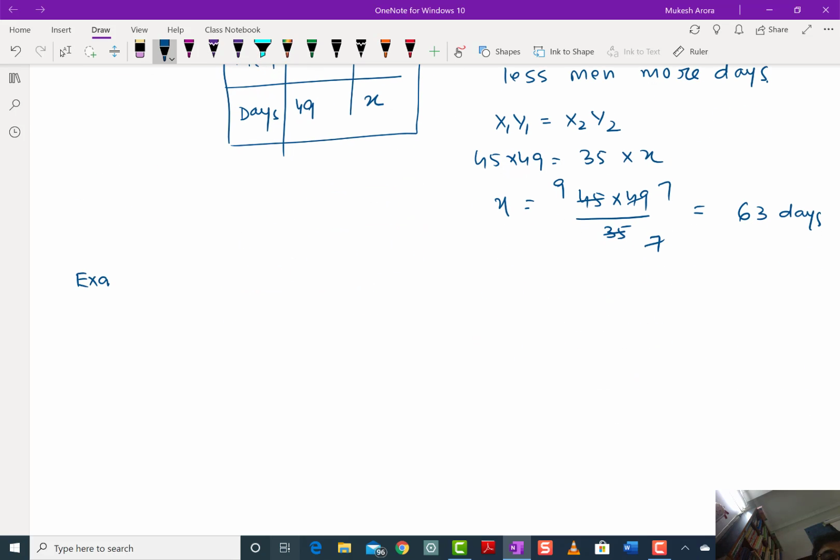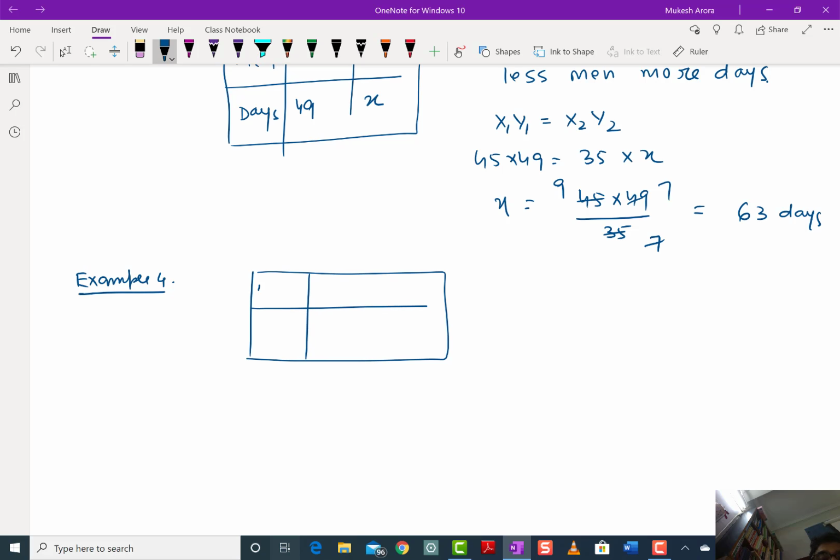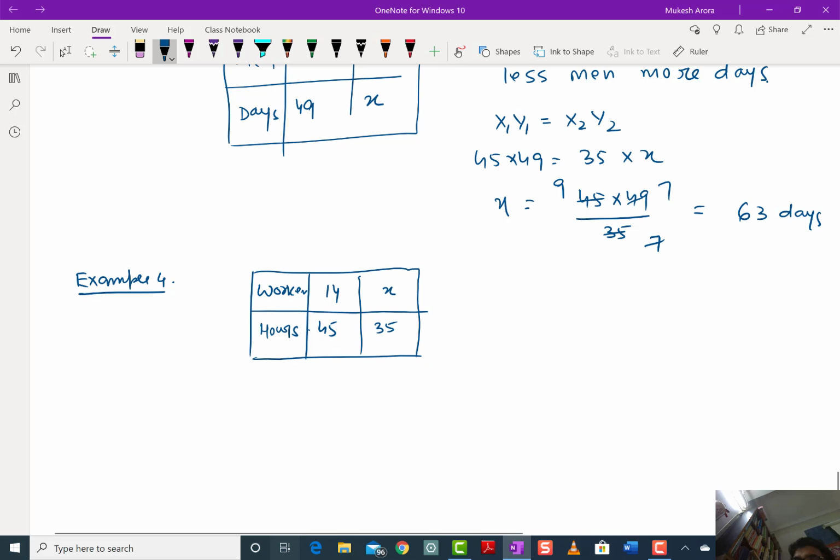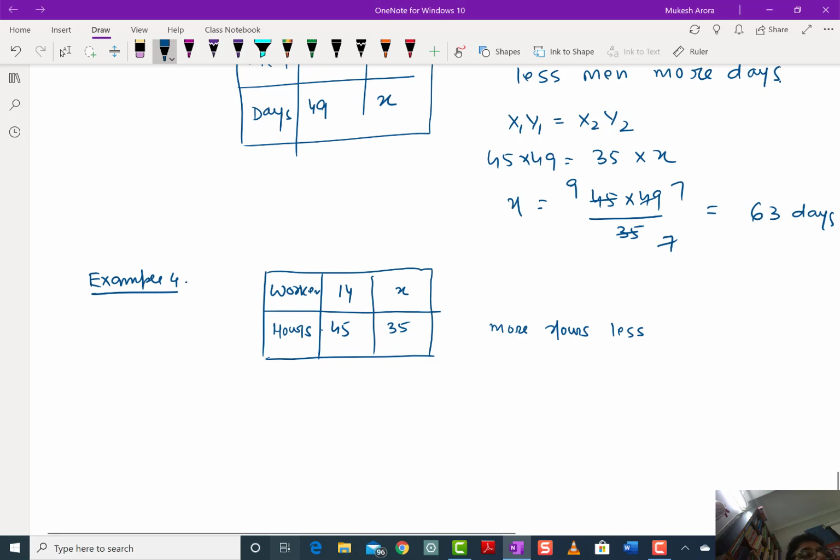Example 4 is: if 14 workers can build the wall in 45 hours, how long will 35 workers take? More workers, less hours.